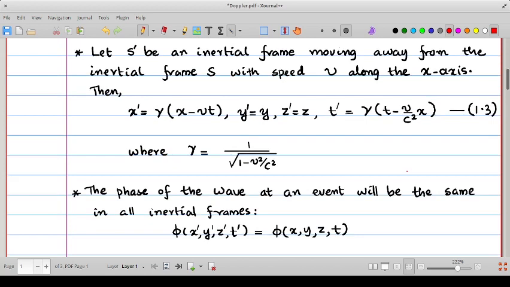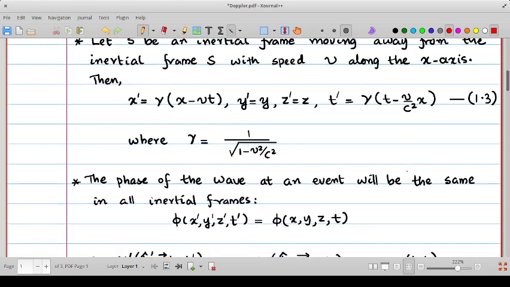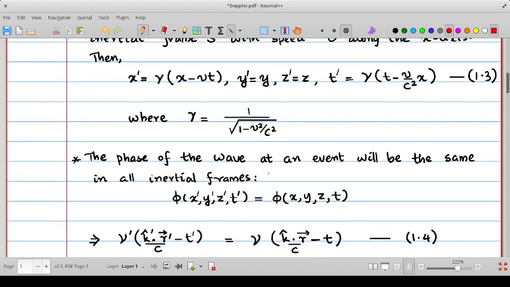Now, the phase of this electromagnetic wave at a particular event, say represented by x, y, z and t in frame S, and x dash, y dash, z dash and t dash in frame S dash, should be the same. So that means phi at (x dash, y dash, z dash, t dash) is equal to phi at (x, y, z, t). Now phi is given by nu times (k dot r by c minus t).